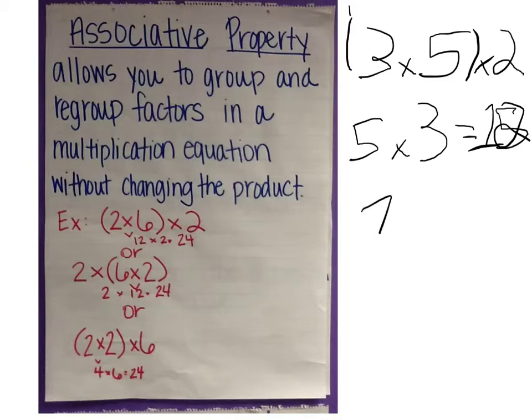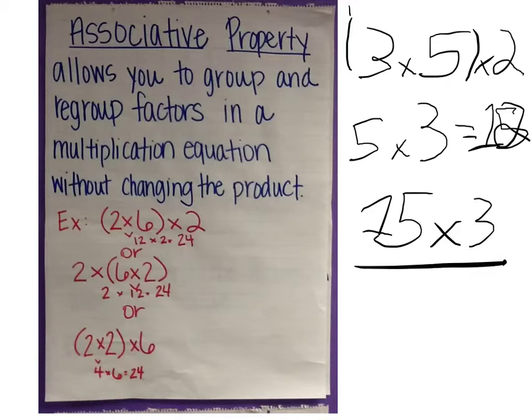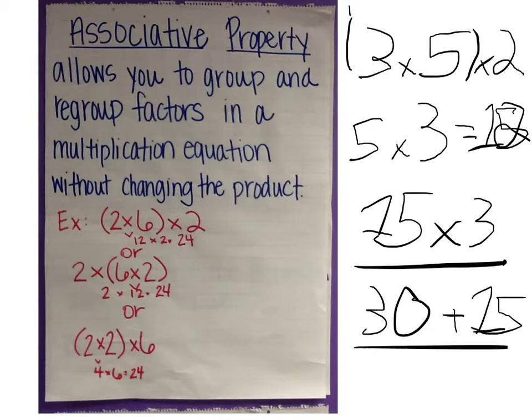So we might do 15 times 3. We'd count 10s to 30: 10, 20, 30. So we'd put 30 plus, and we know that 5 plus 5 is 10, and 10 plus 5 is 15. So 30 plus 15 is equal to 45.